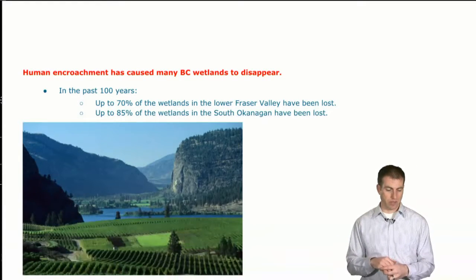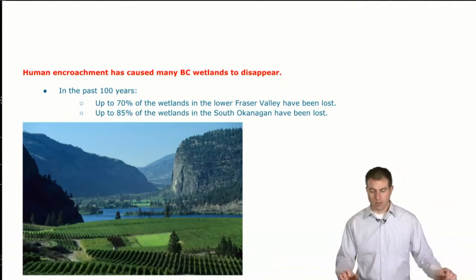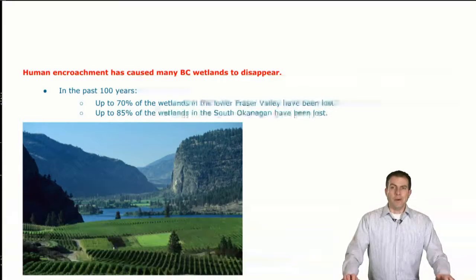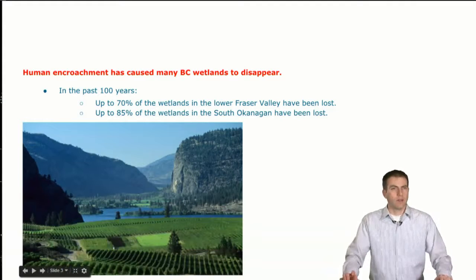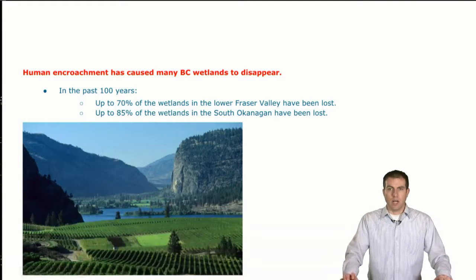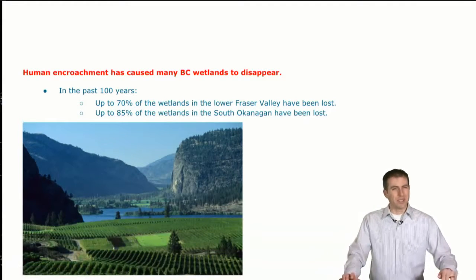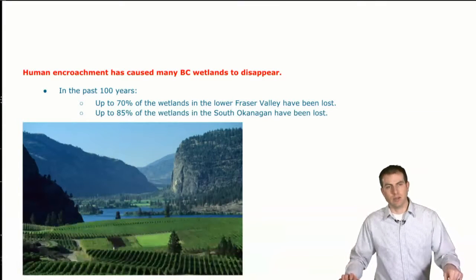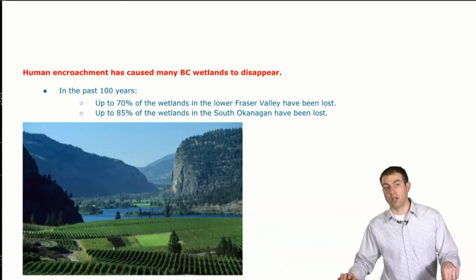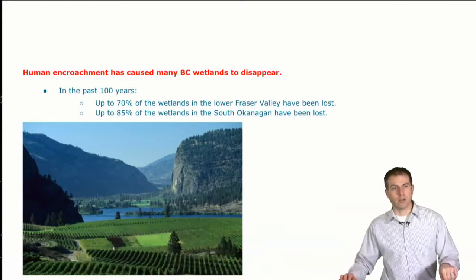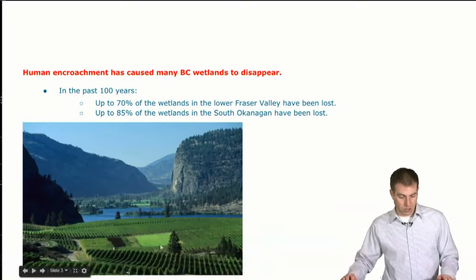They both share some very common things. I see Abby's typing, so I'll give you a second. Humans, what specifically happens in the Fraser Valley or the South Okanagan? What's happening in this picture? What are all these green rows at the bottom you see here?